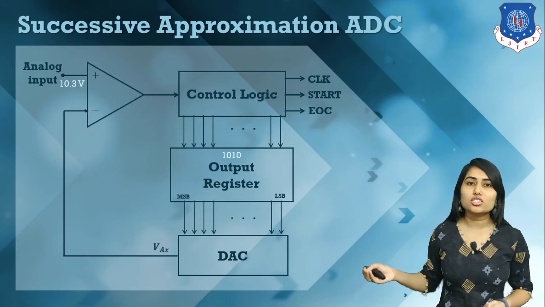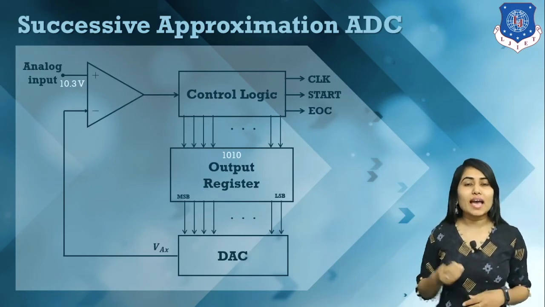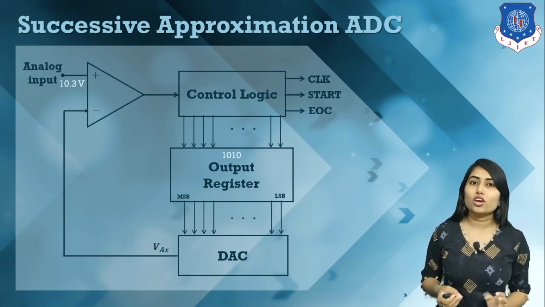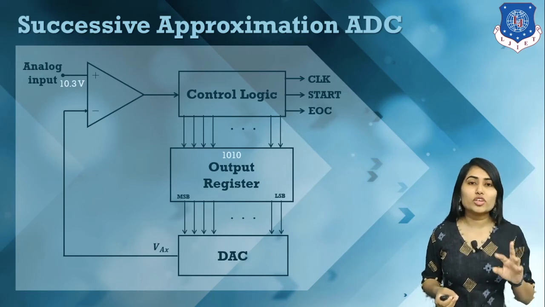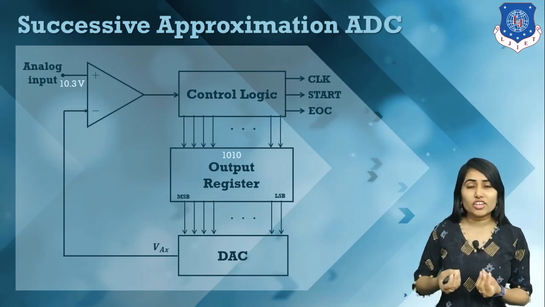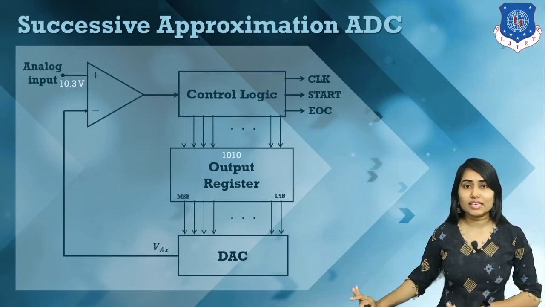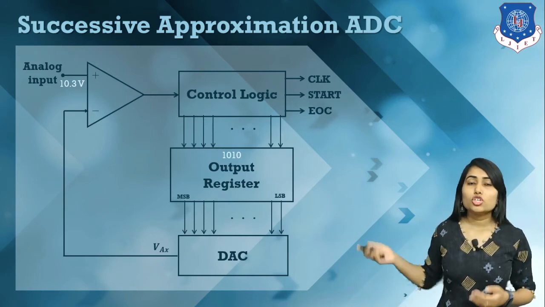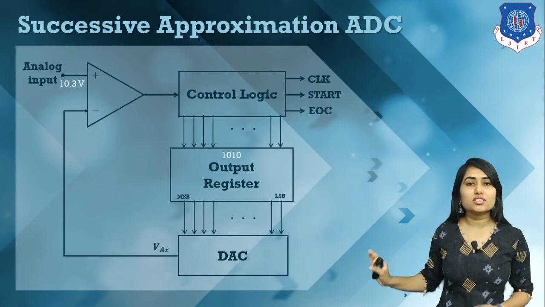In the control logic circuit we generate binary patterns approximately, and then we convert that binary pattern output into analog form, and compare it with our actual input voltage to check whether we have an approximately near value or not. If we have a greater value, we retain that bit, and if we have a lesser value, we reset that bit. So this is how this circuit works.